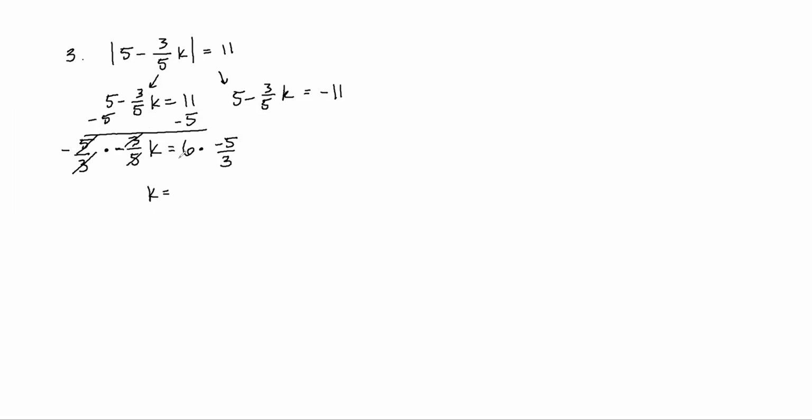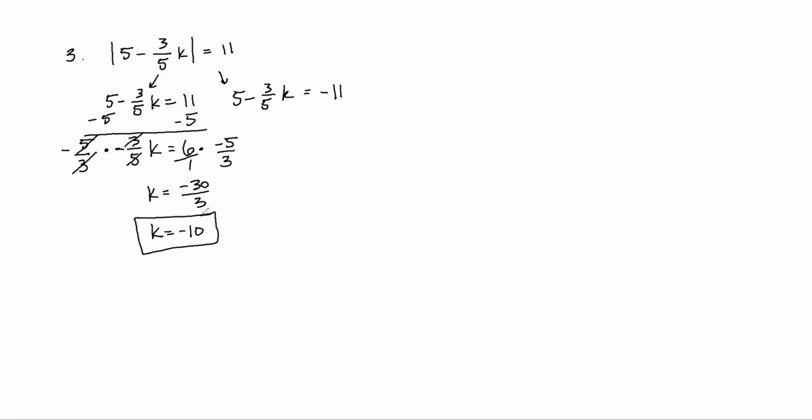On the right, I'm going to write this as 6/1. So on the top, we get -30. And remember, you can multiply and then reduce, or reduce first. Doesn't really matter for this one because the numbers are pretty nice. If we multiply first, we get -30/3, and that's the same thing as -10.